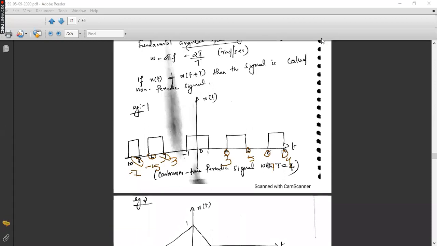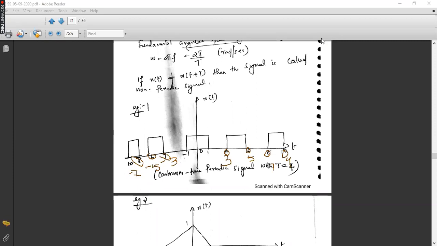What is the time period of the signal? Consider -1 to 3. Consider the time instant -1 to 3 and let me know what is the time period.